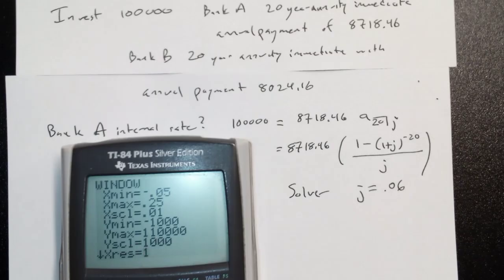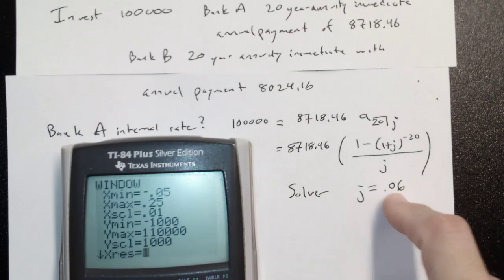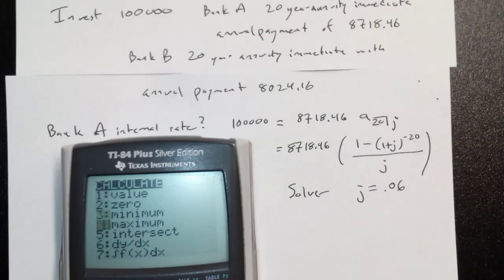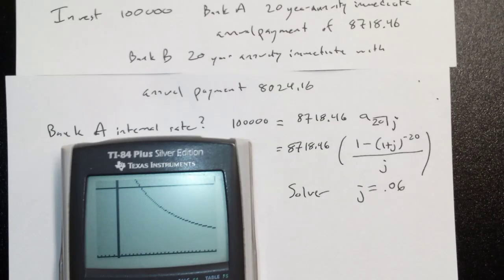I've set the window up so it goes all the way up to 110,000 so that my 100,000 is in the middle there, not at the very top. And then I'll have my equation of value on the other side coming down as our interest rate increases. We see they cross somewhere, find the intersection here. We should get that same 6%. Calculate intersect, 6%. Make sense?